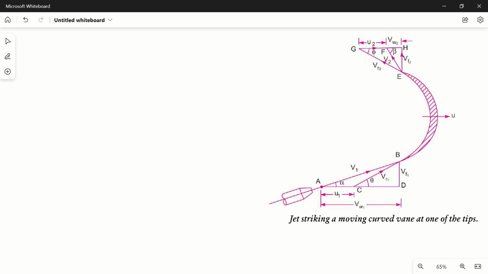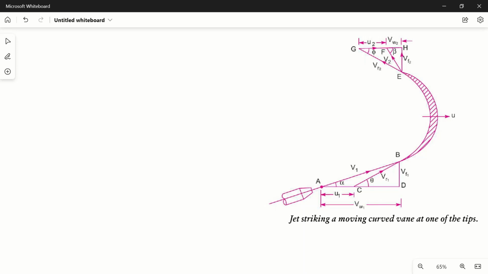Theta is the angle with which this jet is striking this blade with relative velocity VR1. So this alpha is also called the guide blade angle, and this theta is called the vane angle at inlet, and similarly beta and phi are at outlet.